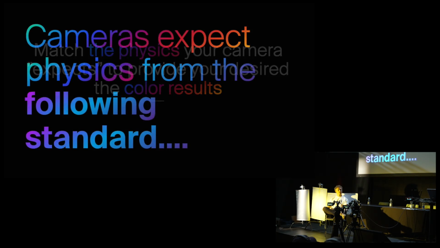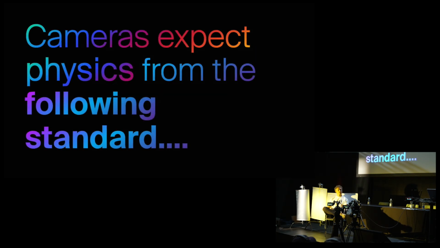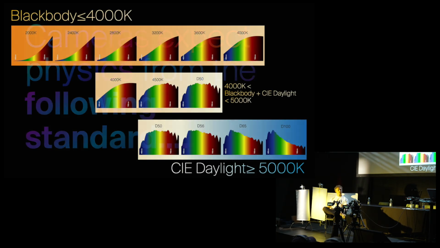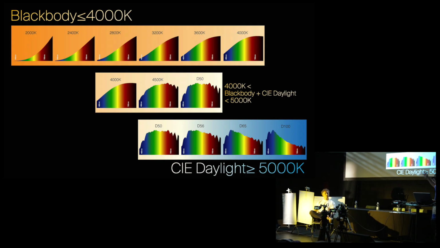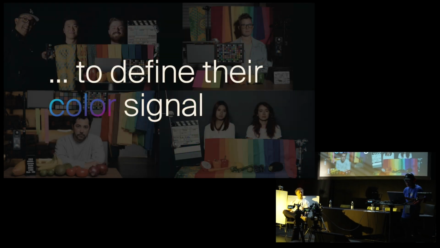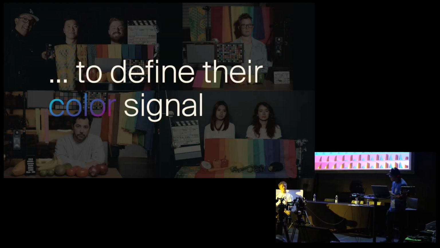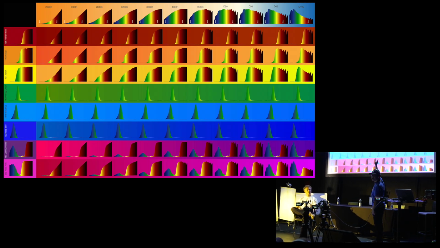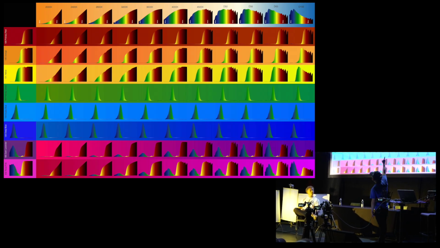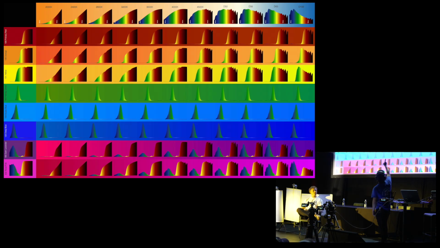So how does this all work? Well, cameras are calibrated to this. They work with these type of energy signals to define the color signals, okay? And what's going on here is, let's say at 5600 Kelvin, that's the spectrum of 5600 Kelvin at the top.